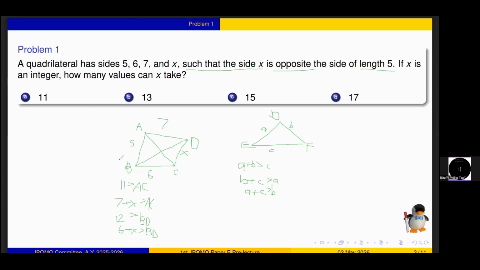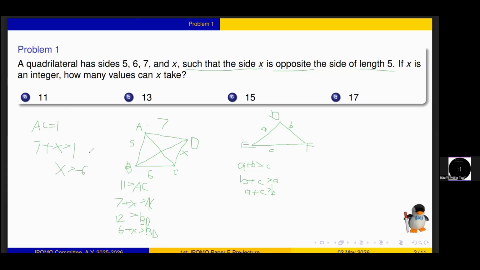So let's just look at all these values of AC. Firstly, we can't have AC equals 0, of course, because we don't want the degenerate triangle. So let's look at AC equals 1. We don't want to do 11 cases; I'm just going to show how we can approach this more systematically. If AC is equal to 1, then 7 plus x is greater than 1, so x is greater than -6.